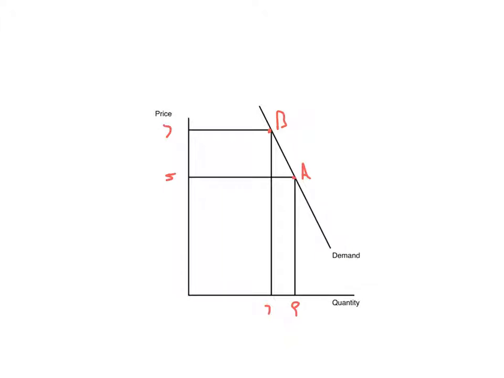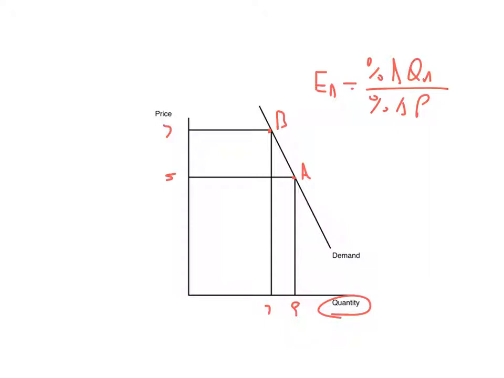Price elasticity of demand, again, is defined as the percent change in quantity demanded divided by the percent change in price. So let's start with the percent change in quantity demanded. We're using what is called the midpoint approach, or the midpoint formula for computing elasticity.